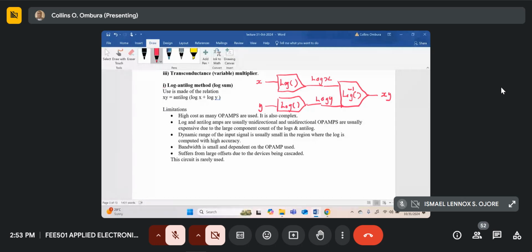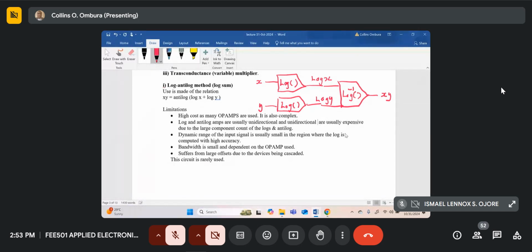Actually, I should not write unidirectional op-amps. I should write unidirectional log and anti-log amps. Unidirectional, not op-amps.